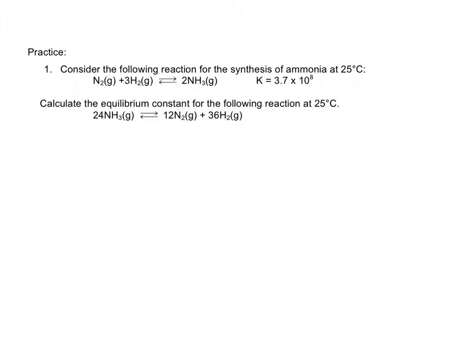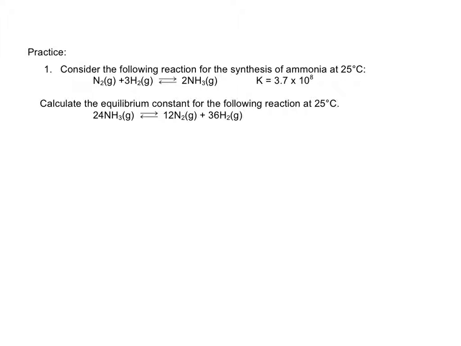So the question is to calculate the equilibrium constant for the following reaction at the same temperature. And it's important to note that equilibrium constants are temperature dependent, so you need to be at the same temperature to use these relationships. And so in this case, we have 24NH3. So now NH3 is our reactant, whereas it was a product above, and it goes to 12N2 plus 36H2.